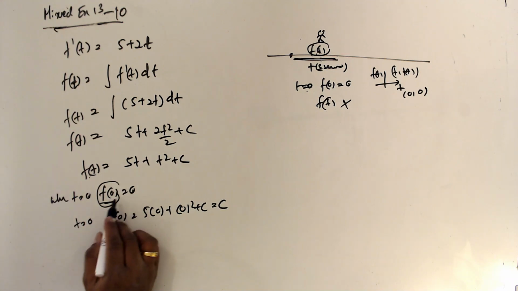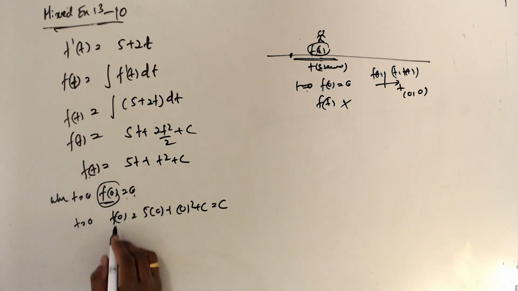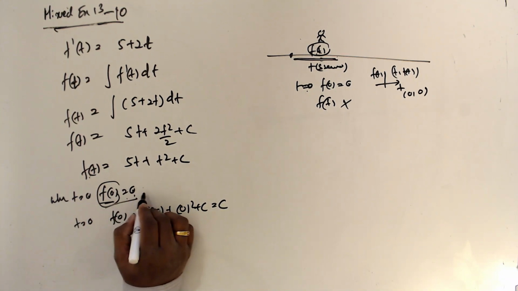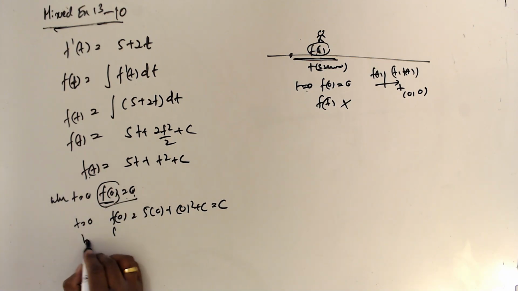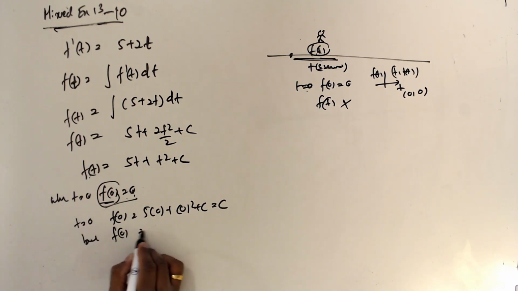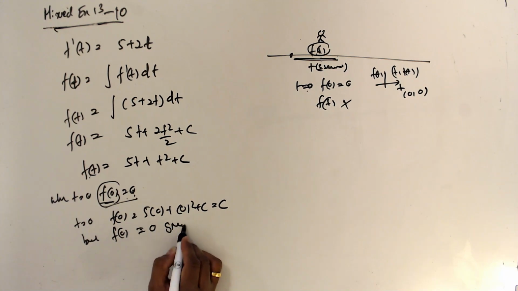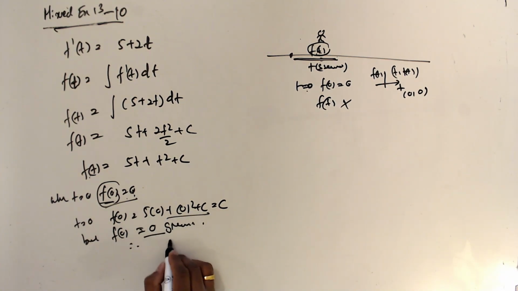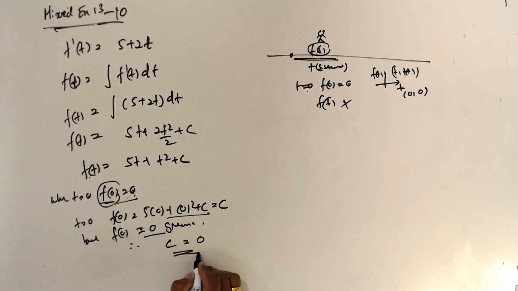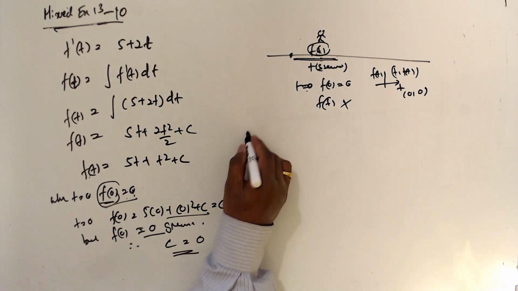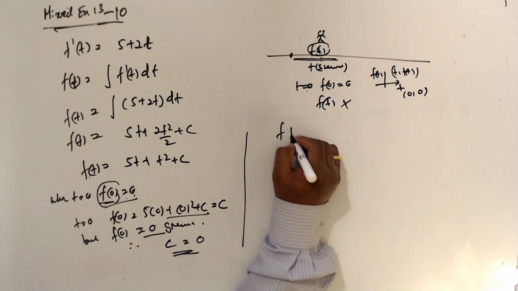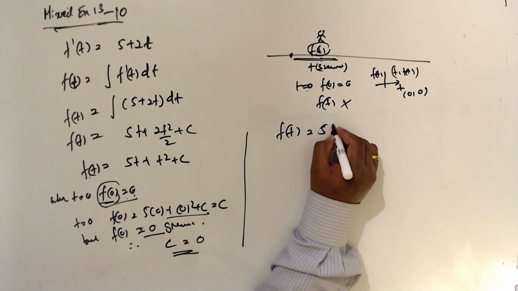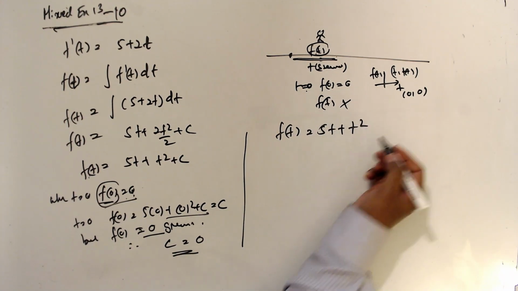But f(0) is given as 0. Hence this one equals this one, so c equals 0. Hence the equation is f(t) equals 5t plus t squared.